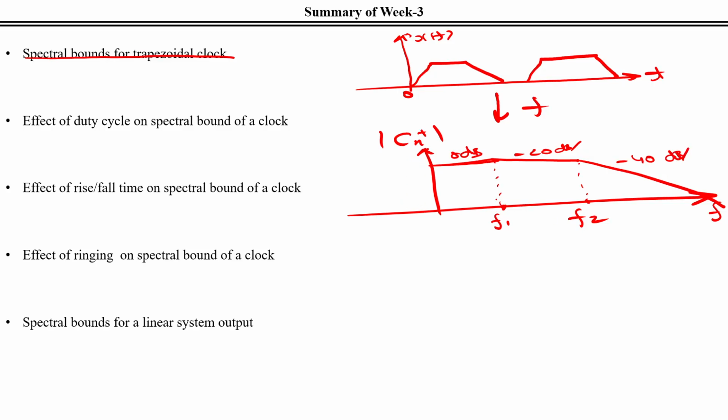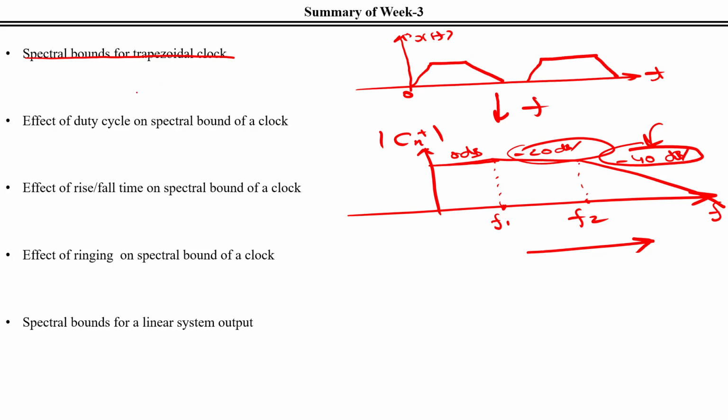So along this x-axis, after f1 the higher frequencies are reducing in signal strength at a rate of minus 20 dB per decade, and after f2, the second breakpoint, their magnitude is reducing at a rate of minus 40 dB per decade.